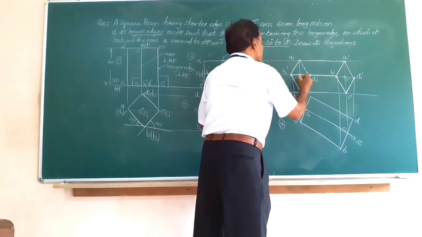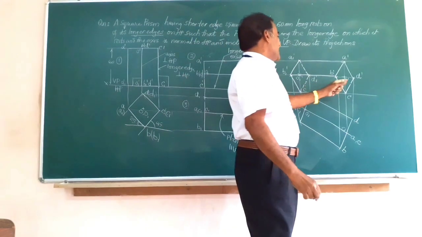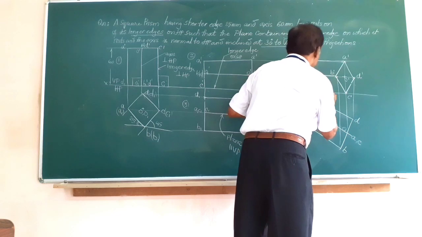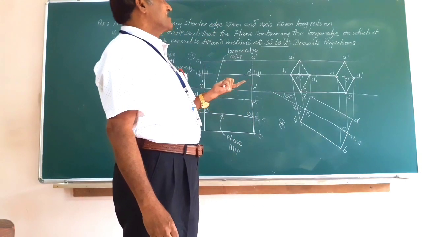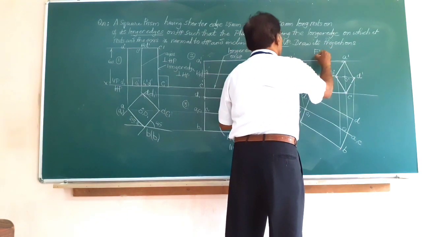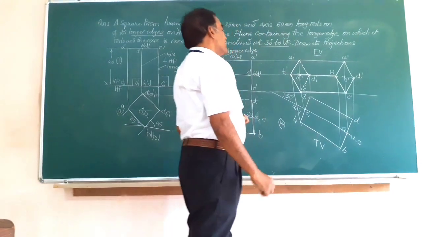This is the center of the bottom face, I call it O1 dash, and this is O dash. Friends, finally, the edge on which the object is resting is also visible, very obviously. This figure represents the final front view, if you mark it as FP, and this will give you the top view. You see here.